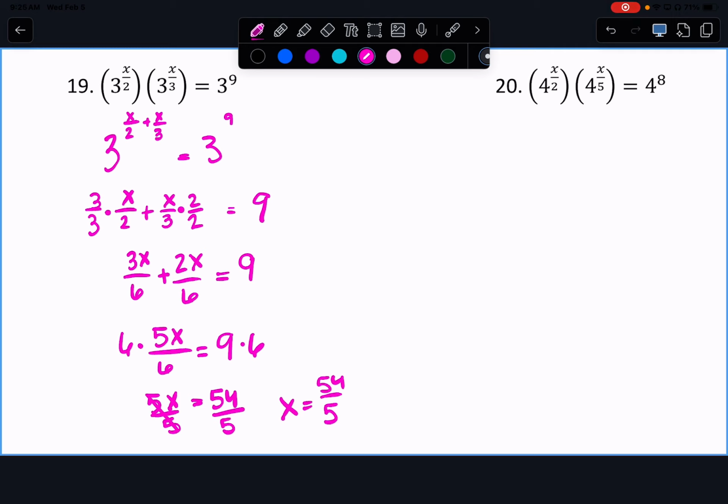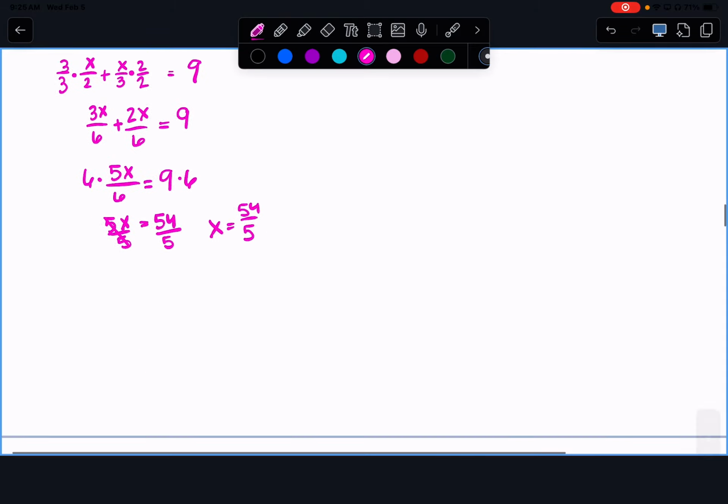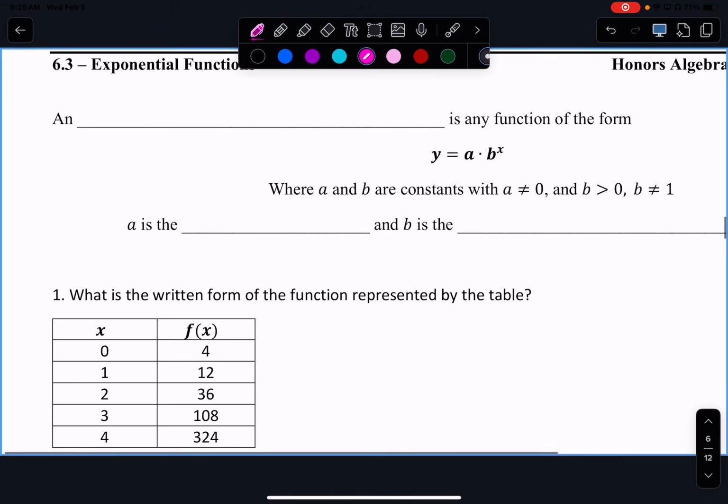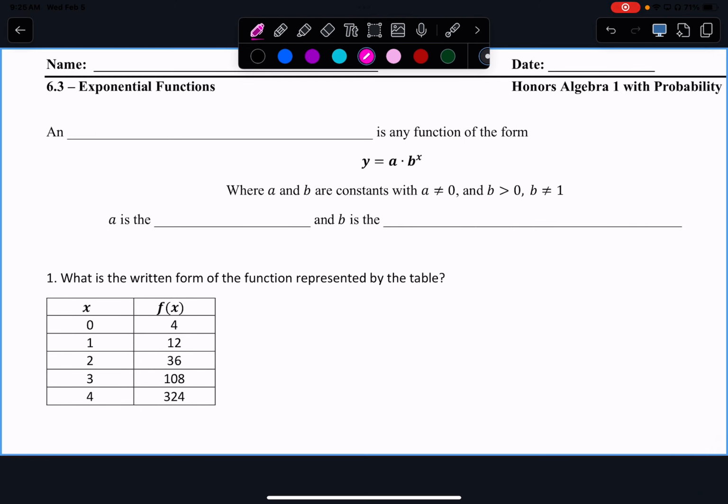Can I please get 2? Yes, ma'am. So 6.3. I want to call it. I took medicine, but it's not helping. You gotta go up. All right, we're gonna go to 6.3.